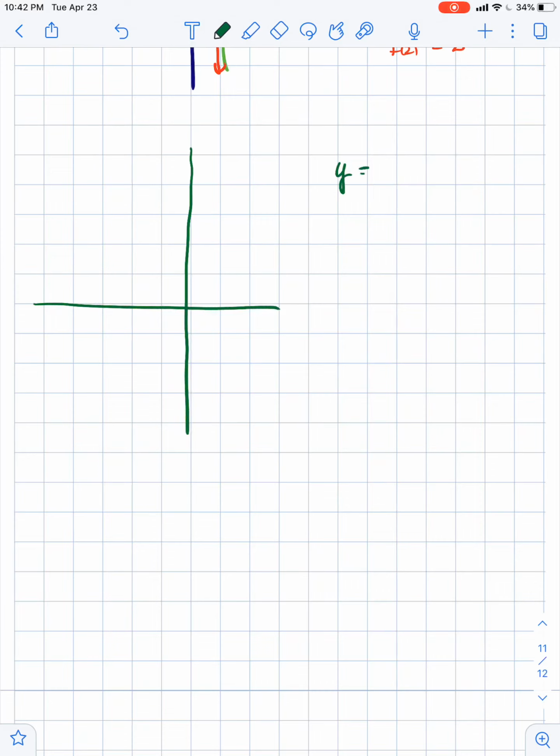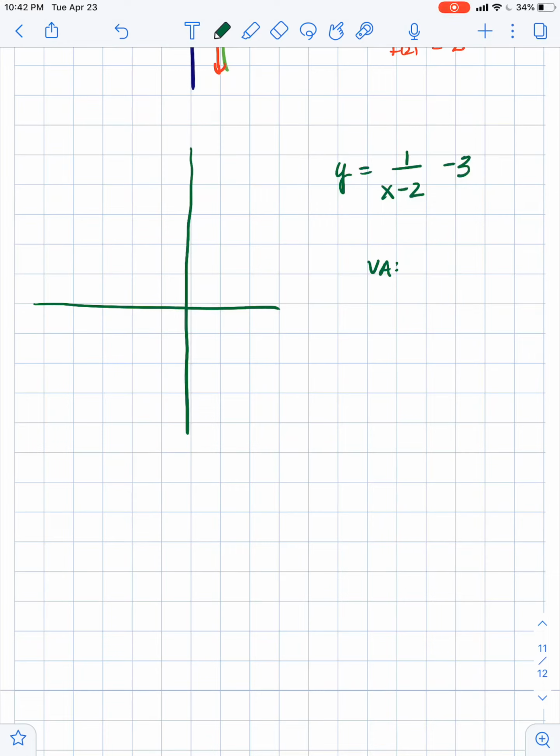So here's my 1 over x minus 2, and I want to do minus 3. Okay? So in terms of my vertical asymptote, again, it's basically 0, but where did I move? How many did I move on my vertical line?